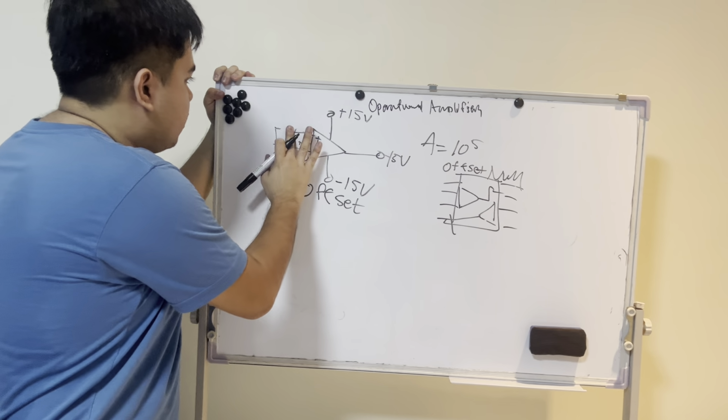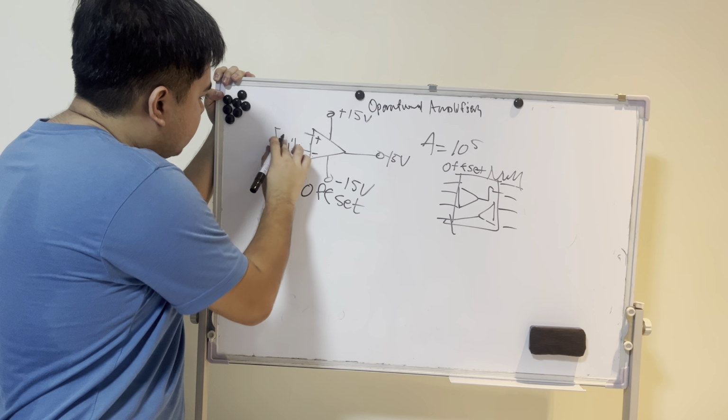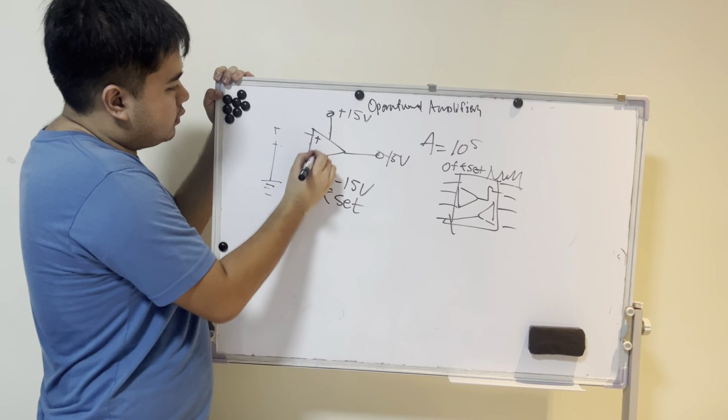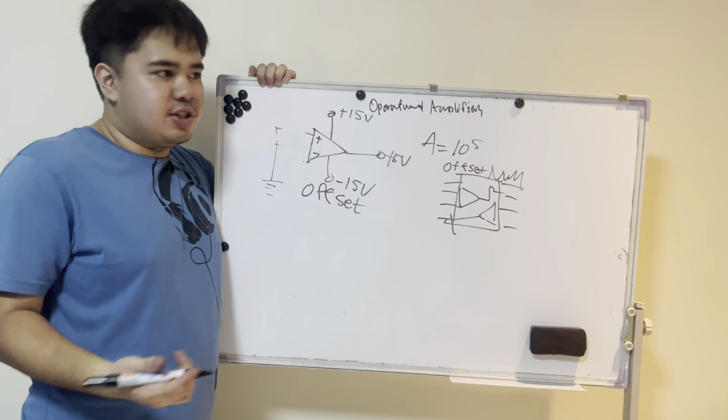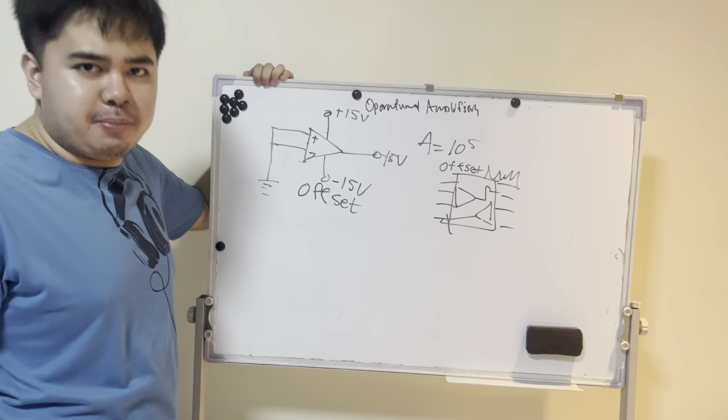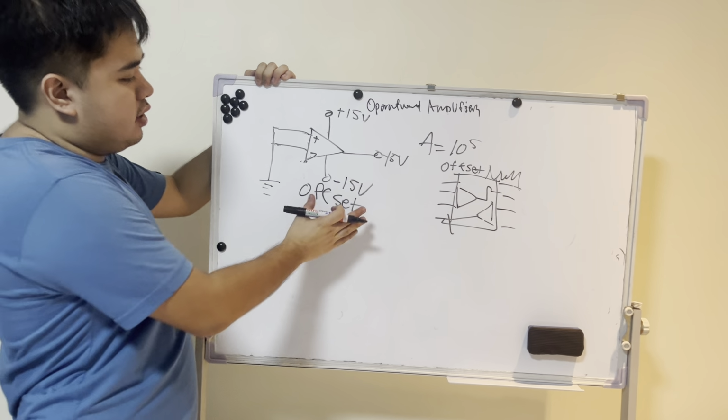So offset null. Or maybe you can decrease the voltage across here by cancelling it out. Offset null is something we adjust in order to have perfect operation. So that is offset.